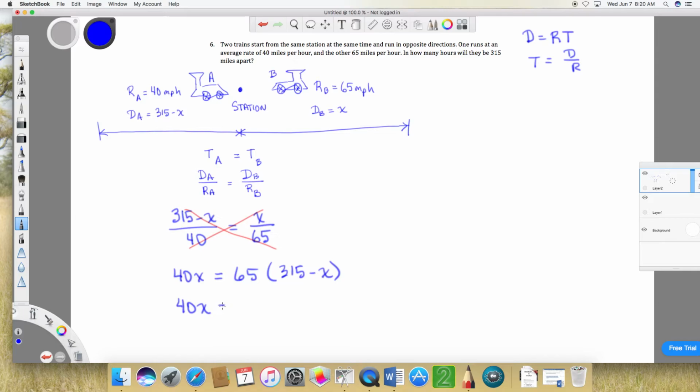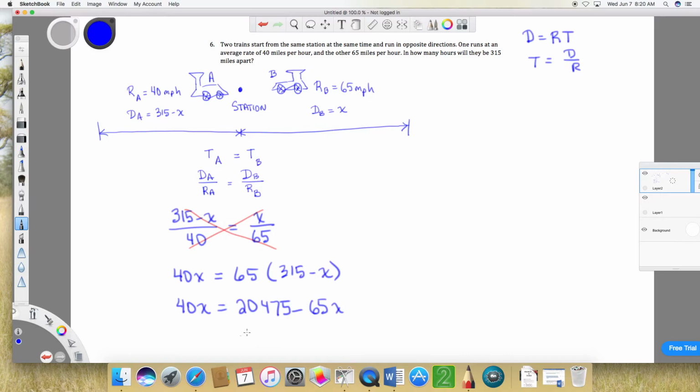That'll give us 40x is equal to, I do not know what 65 times 315 is. My calculator is telling me 20,475. Hopefully I punched that in right.